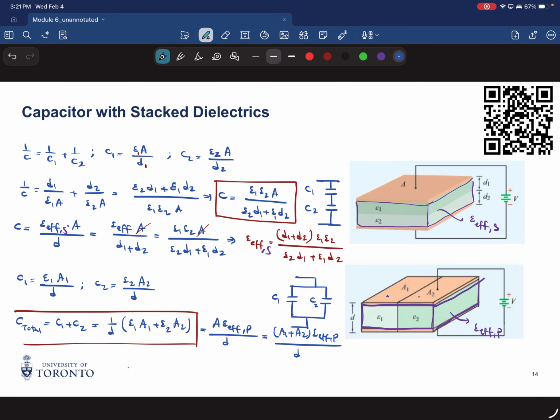So that way you can say epsilon effective when the two dielectrics are in parallel together is going to be epsilon 1 A1 plus epsilon 2 A2 over A1 plus A2. That's another kind of thing to know.